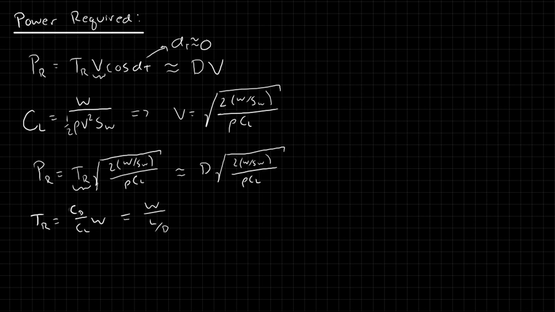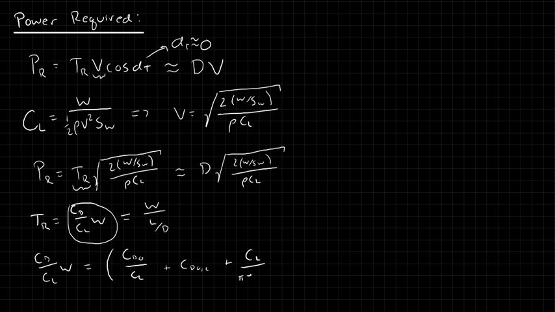We're going to stick with this expression because we know what C_D is as a function of C_L. So C_D over C_L times W equals C_D0 over C_L plus C_D0,L plus C_L over pi e AR. I hope you're getting familiar now with our expression for drag.